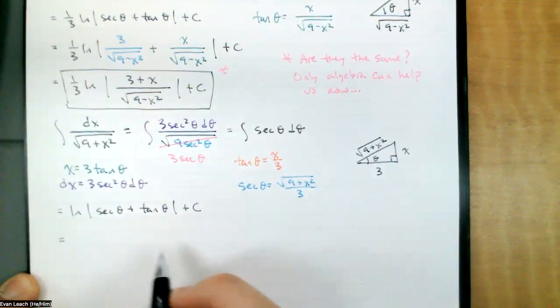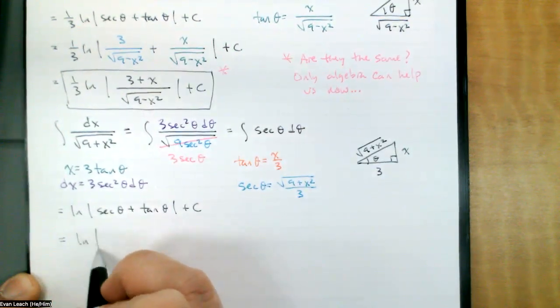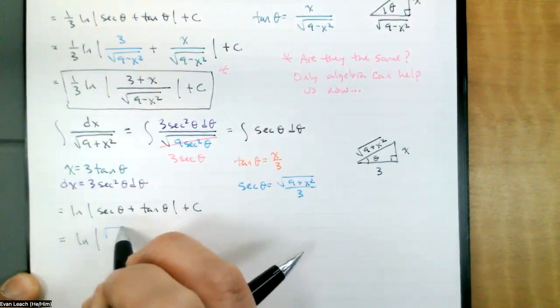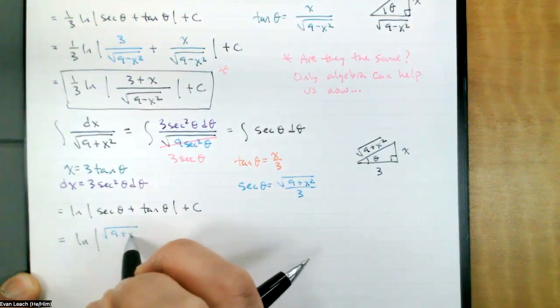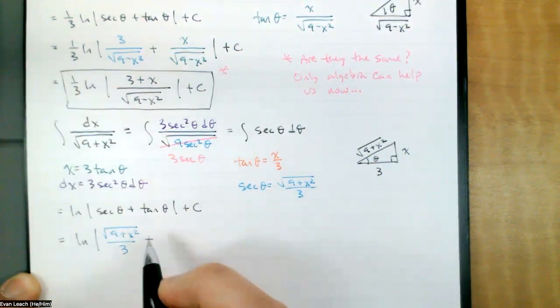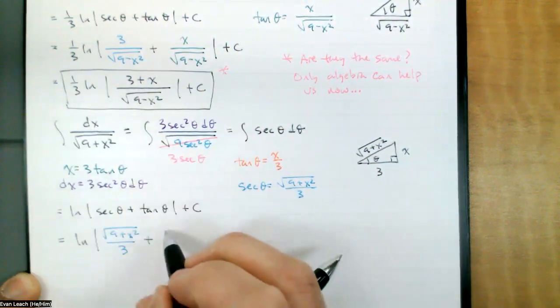So our x antiderivative is going to look a lot different. So natural log of secant plus tangent.